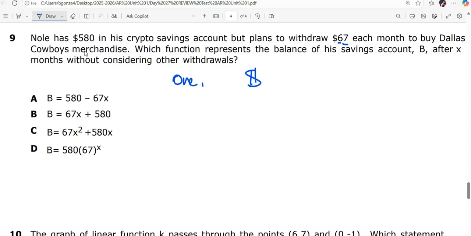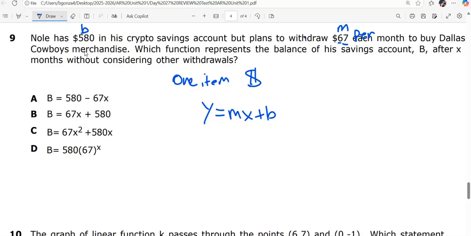That's going to be y equals mx plus b. The withdrawing each month is like a per. That's the changing amount, which makes this the m. And what he began with is your b value.